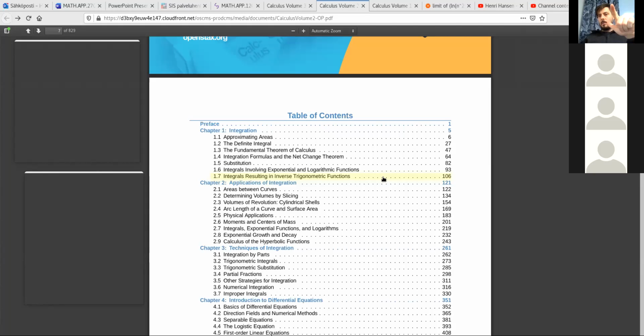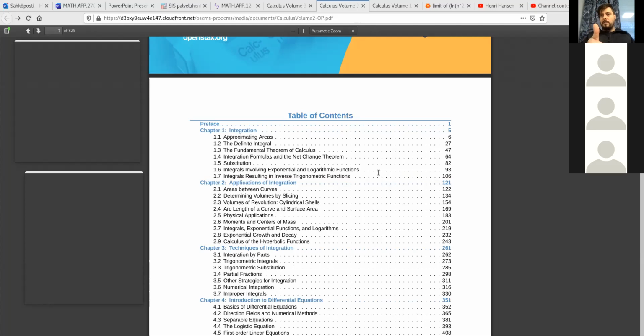Limits, continuity, the definitions, be very careful with that. Derivative, be very careful with the definition, know the definition. Integrals, the Riemann sum, its definition. The fundamental theorem of calculus, to tie the two together. Differential equations.